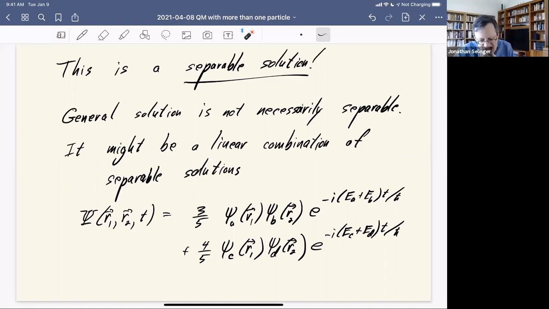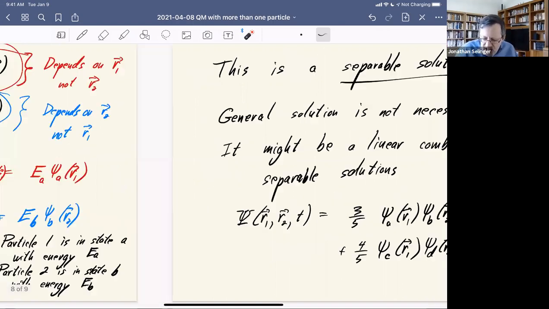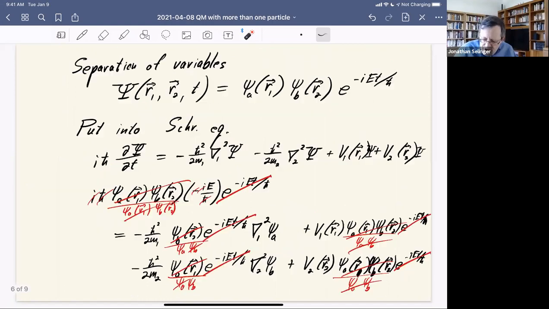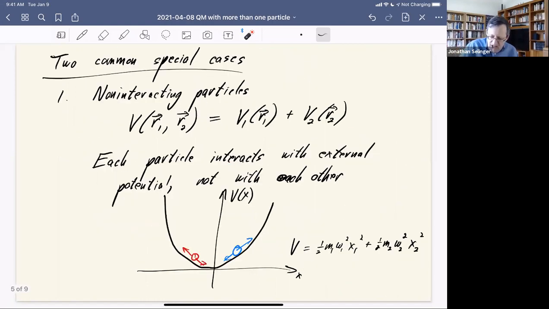So this is an interesting feature, a surprising feature that happens even with the simplest possible case of non-interacting particles.